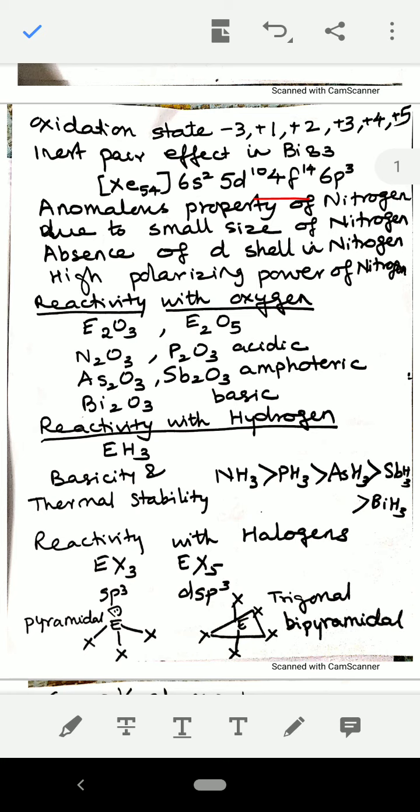The reactivity with halogens: they form compounds in +3 and +5 states, EX3, where E represents group 15 elements. They are pyramidal in shape with a lone pair on the top. And EX5 have the sp3d trigonal bipyramidal shape.